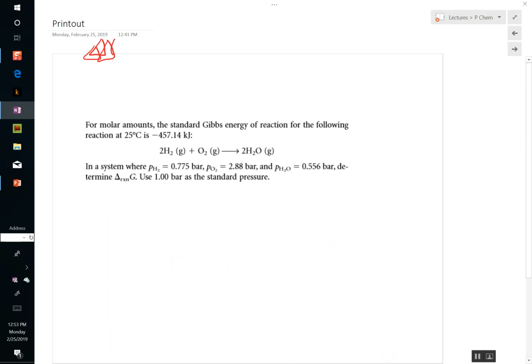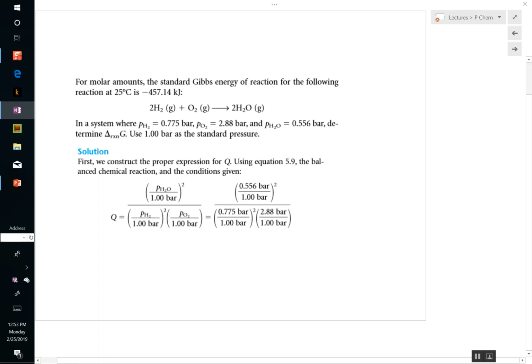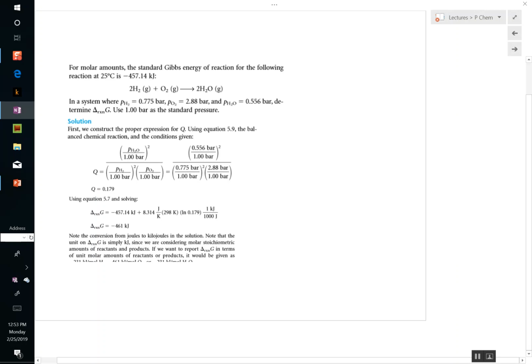All right, we kind of ended here. Just look at a couple slides. I had you calculate this, and you all raced one another and got to this number right here. Where is that number? Yeah. Q equals 0.179.